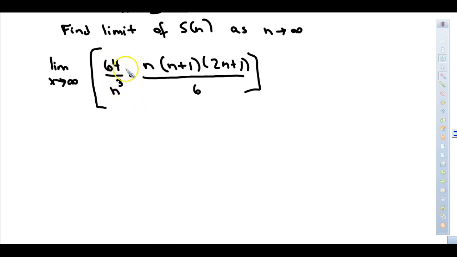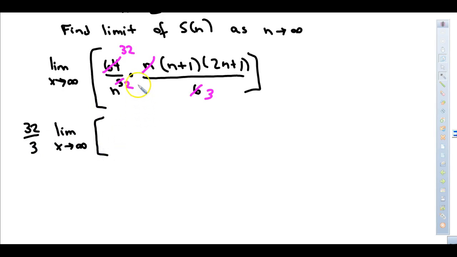Here we go. Let's simplify 64 over 6, divided by 2. This n over n cubed is going to leave me n squared, right? So what I'm going to be left with is the limit as n approaches infinity of, let's bring that 32 over 3 out as a scalar.